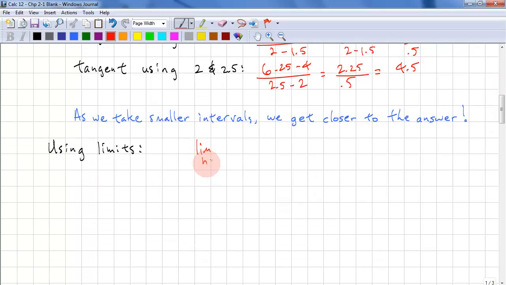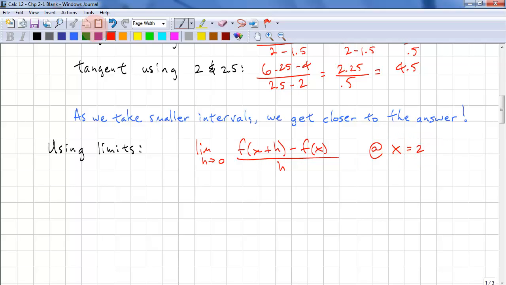Limit as h goes to 0 of f of x plus h minus f of x over h. We are taking x equals 2.